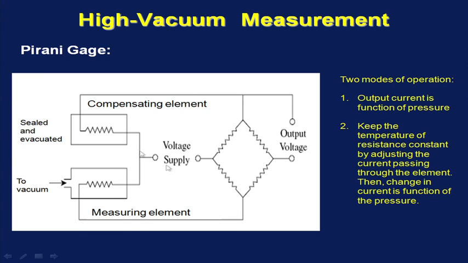So, this is a schematic of Pirani gauge. We have a Wheatstone bridge. This is a measuring element, which is nothing but a resistance wire, usually platinum or tungsten wire.